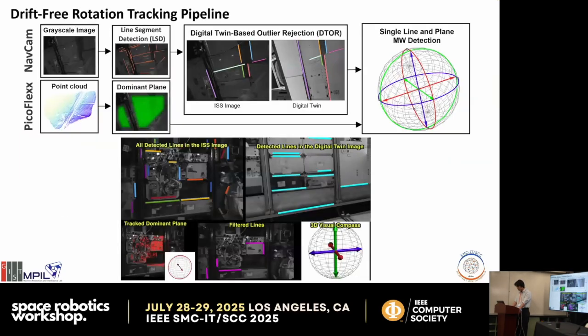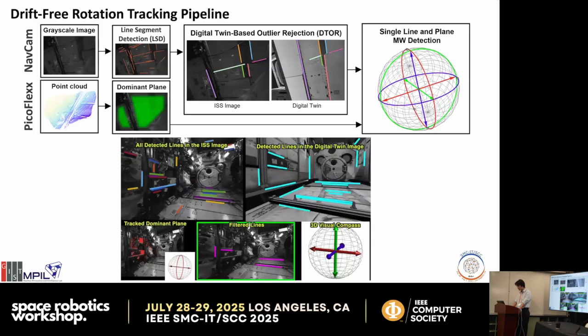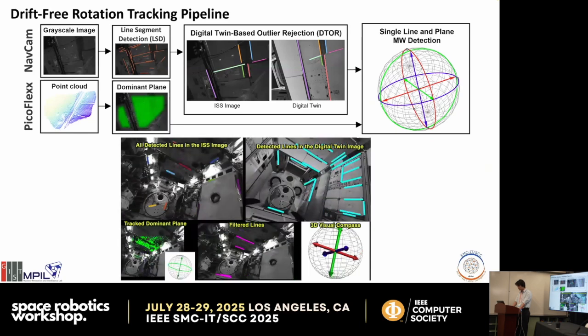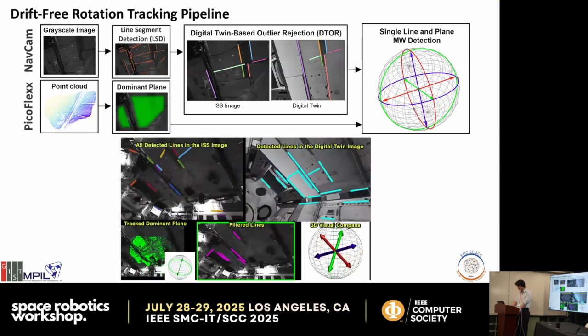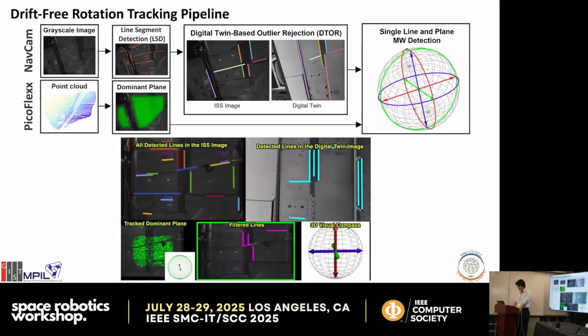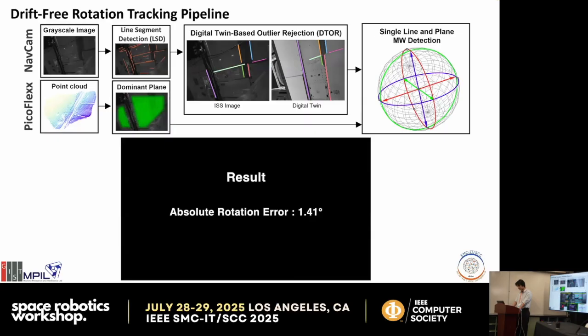This slide shows our full pipeline for estimating drift-free camera rotation using structural lines and planes. We estimate camera rotation by combining a dominant plane and a single line, which corresponds to the theoretical minimal sampling for rotation estimation.